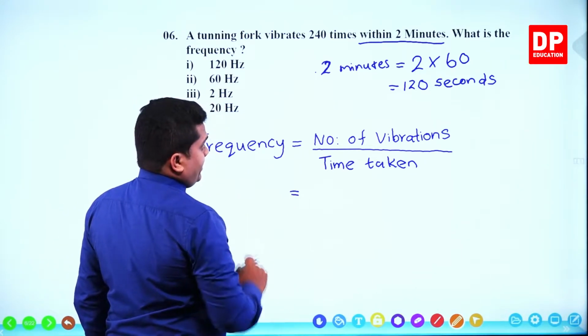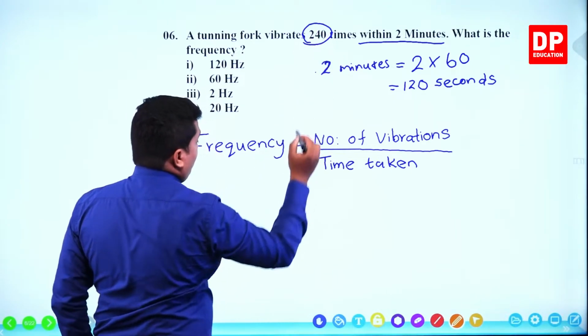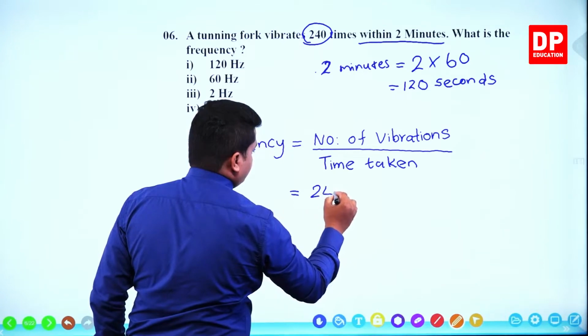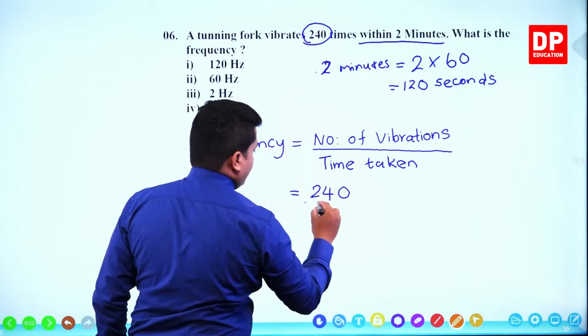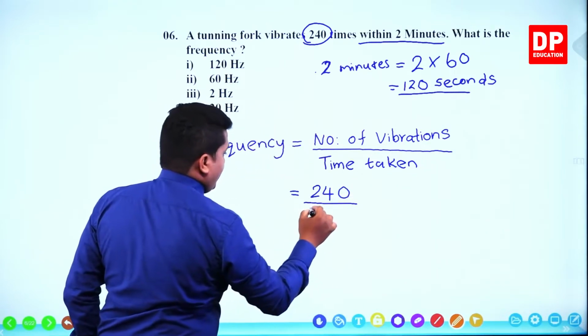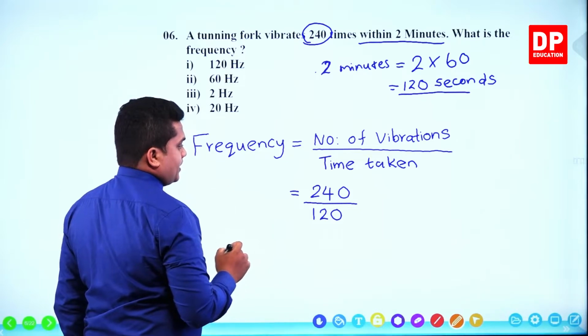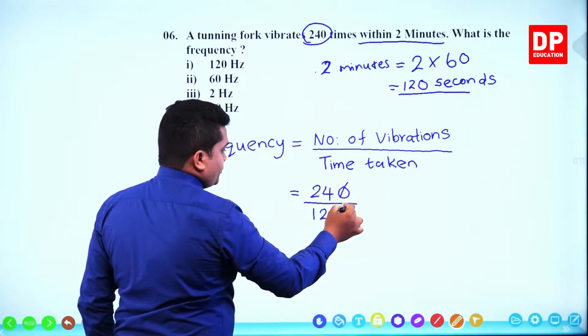So number of vibrations. How much is the number of vibrations? 240. Divided by, how much is my time taken in seconds? 120. So you can cut 0 and 0 here.